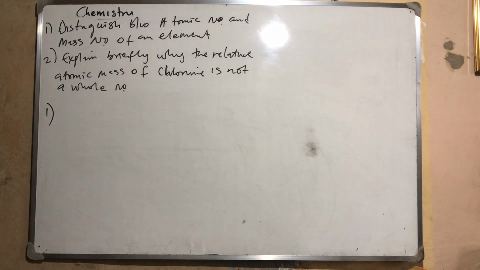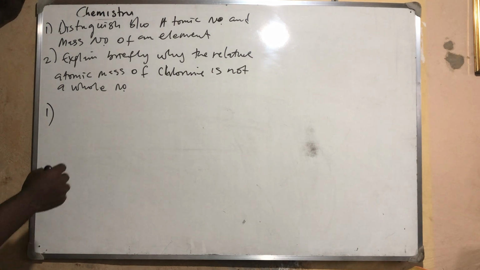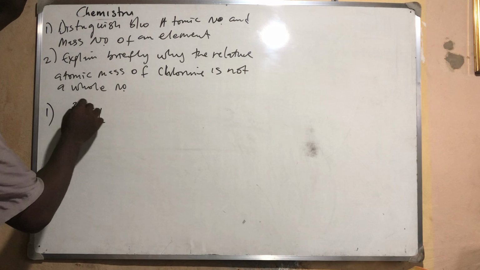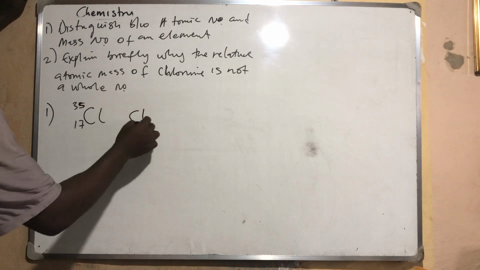Number two said we should explain briefly why the relative atomic mass of chlorine is not a whole number. Why? Because chlorine has isotopes. The only thing that can make an atom not to have a whole number mass is the presence of different mass numbers. Chlorine has Cl 17, 35, and again Cl 17, 37.